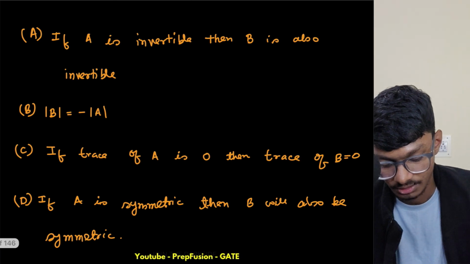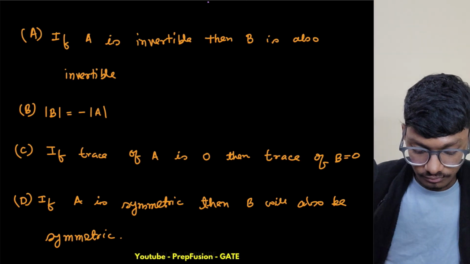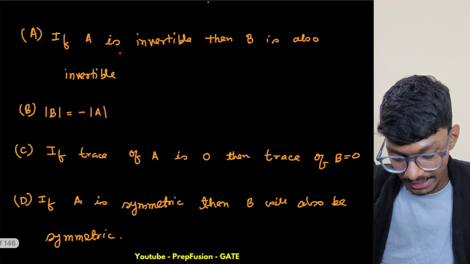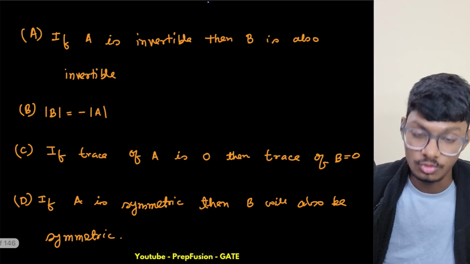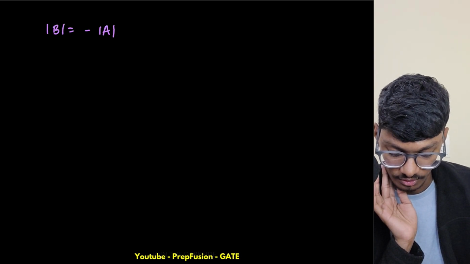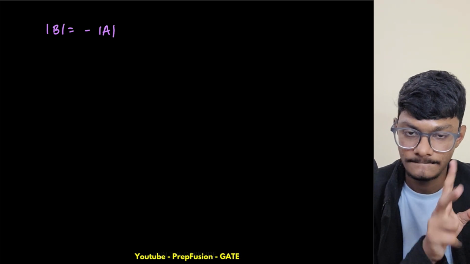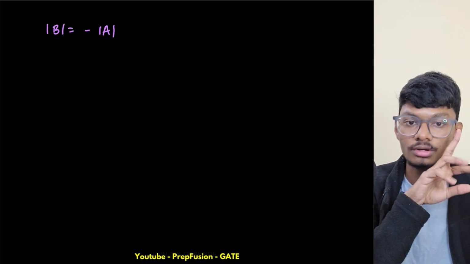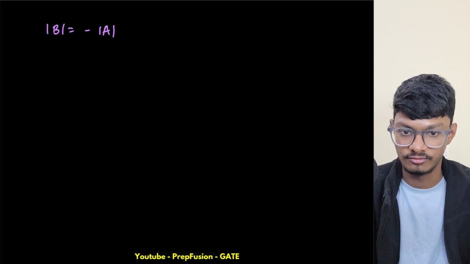This is asking that if A is invertible, then B is also invertible. Now what happens when two rows are swapped? When two rows are swapped, one thing we know is that the determinant of B will be equal to negative of determinant of A. This property we know, that if any two rows or two columns are swapped, the determinants will be negative of each other.